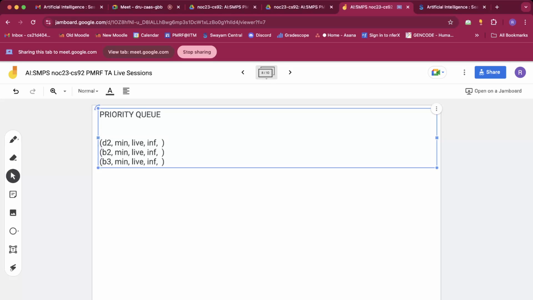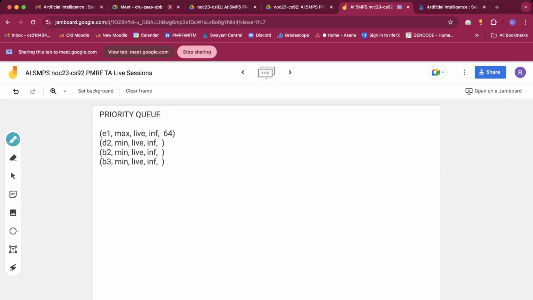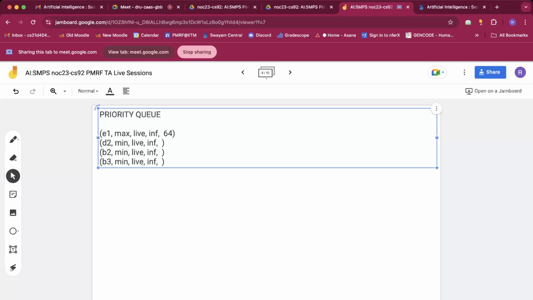So we will add E1. E1 is a max node. It is also live, bound infinity, but it has a solved value of 64. It has already been given a solved value of 64, so we know that it is solved, so we will change its status to solved.